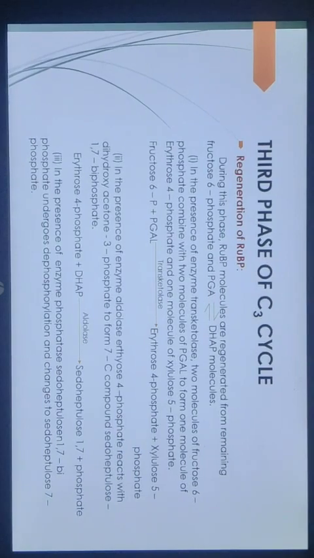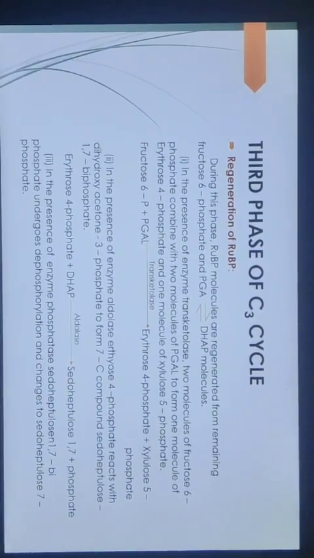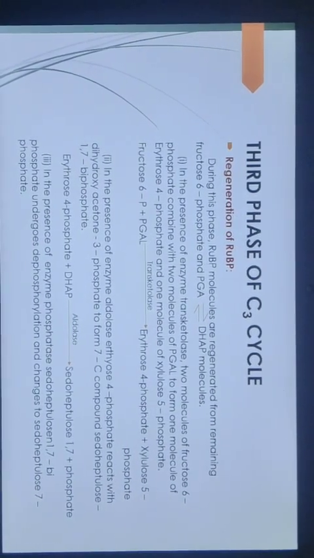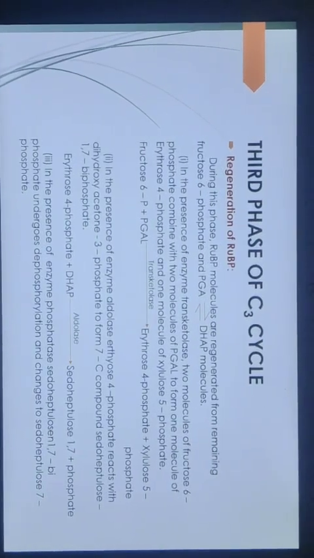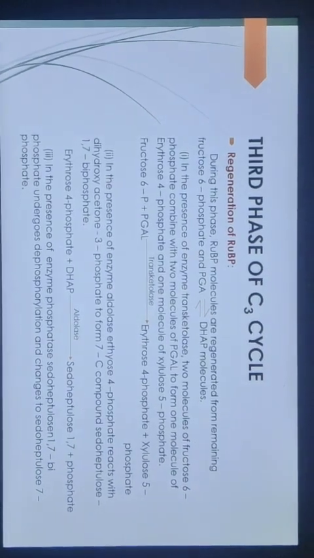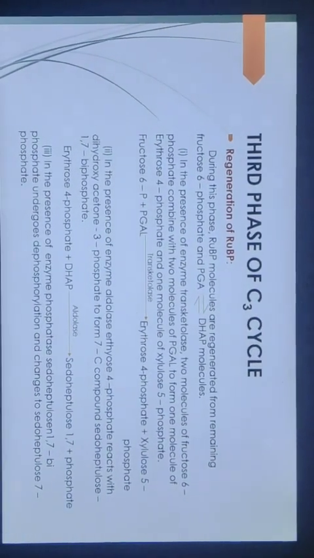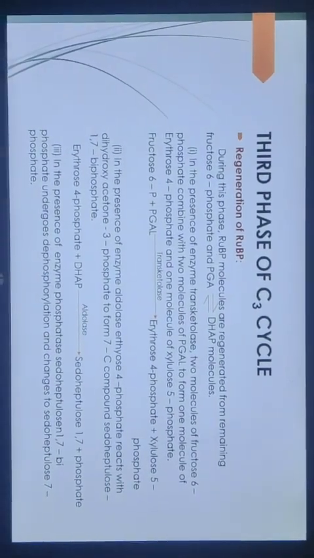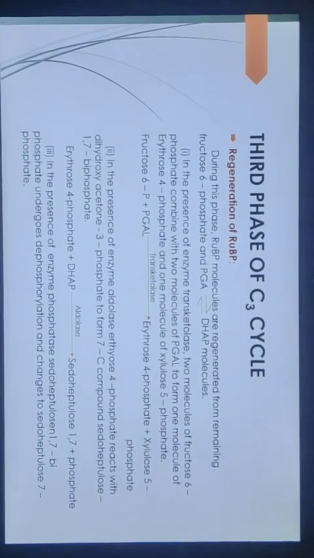Now in the presence of enzyme phosphatase, this sedoheptulose 1,7-bisphosphate undergoes dephosphorylation and changes to sedoheptulose 7-phosphate. That is, one phosphate group is removed from the sedoheptulose 1,7-bisphosphate. Now this occurs in the presence of enzyme phosphatase.